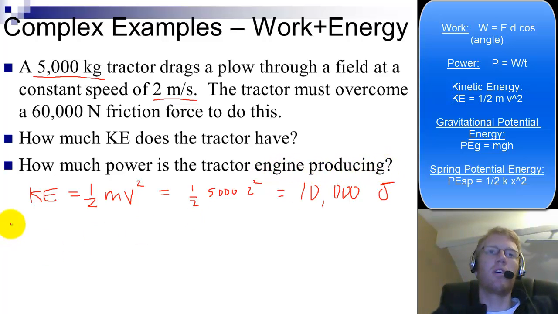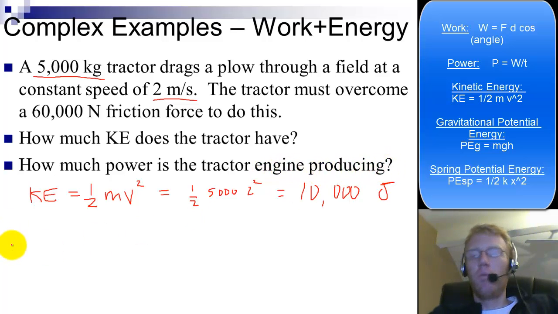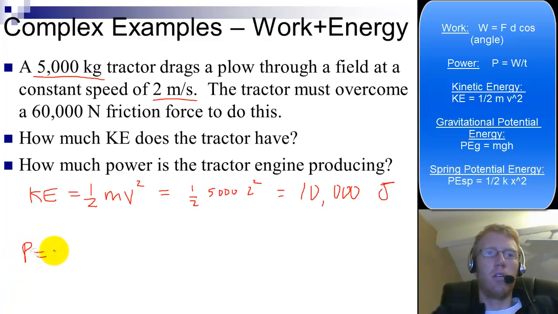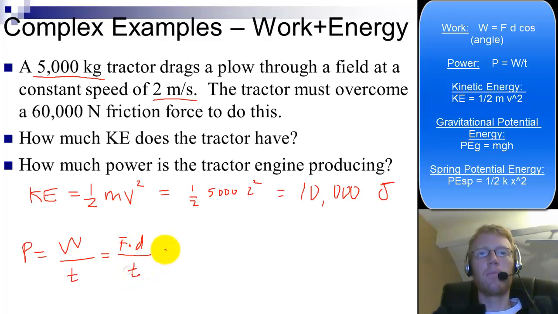Okay. How much power is the tractor engine producing? This is a bit trickier. How much power? Well, the power is the work over time, okay? Well, work is force times distance, over time. Okay, well, distance over time is what? Distance over time is your velocity. This is kind of cool.